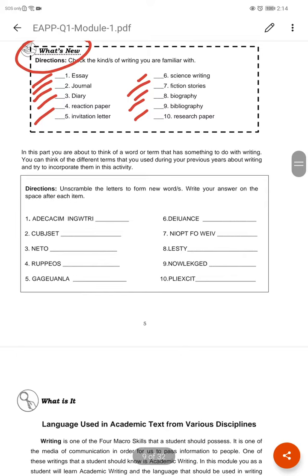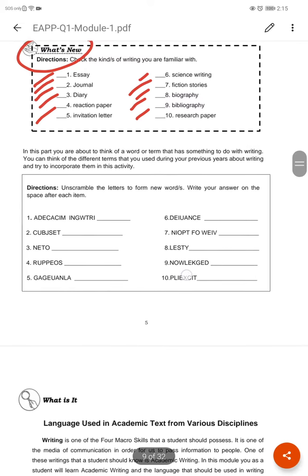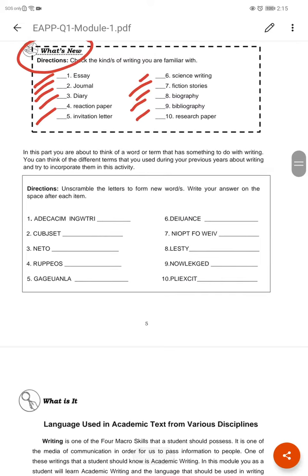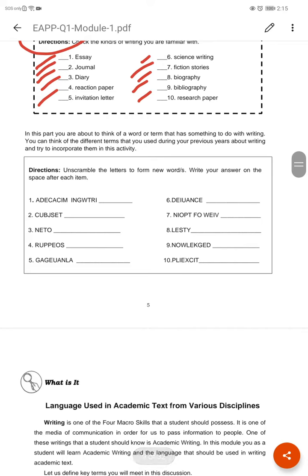Fourth is purpose. Fifth is language. Item 6 is audience. Item 7 is point of view. Item 8 is style. Item 9 is knowledge. Guys, be careful with the spelling, okay? Item 10 is explicit.